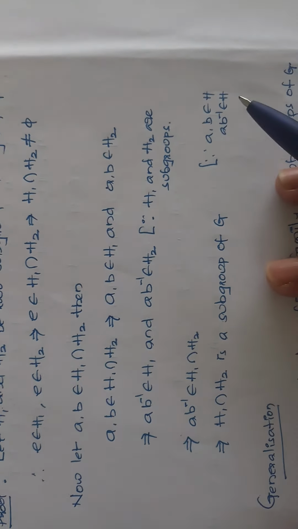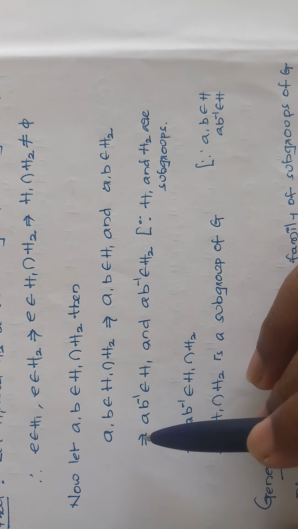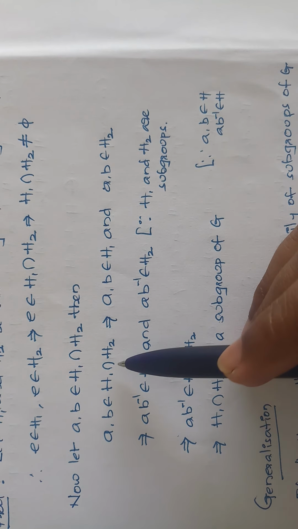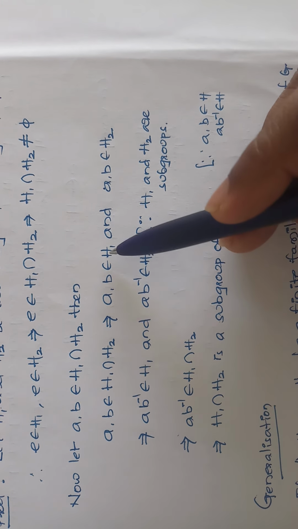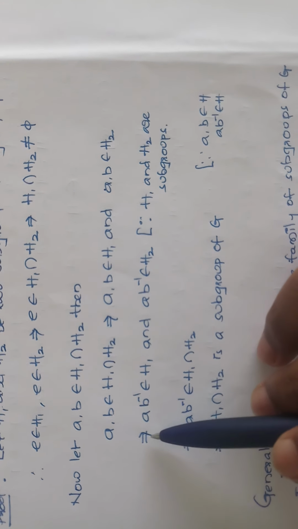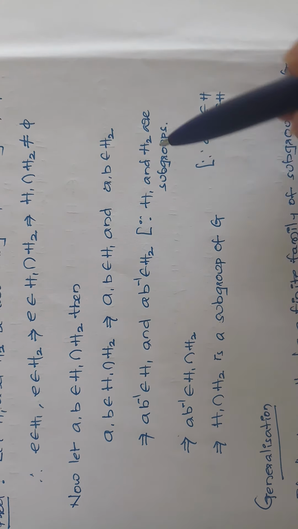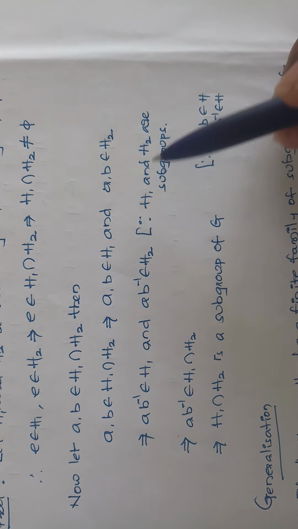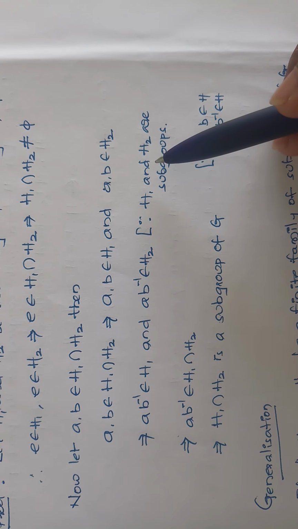Now let a, b belong to H1 intersection H2. Then a, b belong to H1 and a, b belong to H2. So that implies that ab inverse belongs to H1 and ab inverse belongs to H2, because H1 and H2 are subgroups, so the inverse exists.